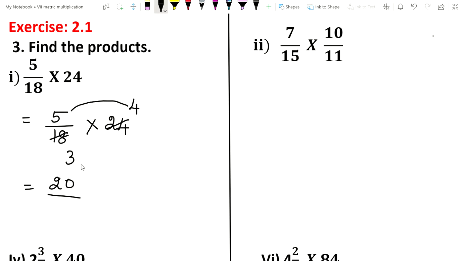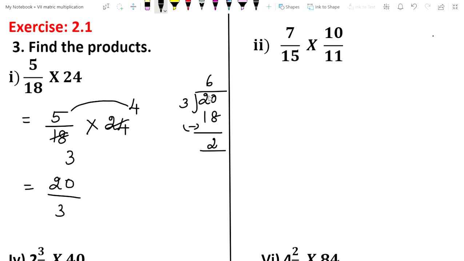20 by denominators, what is that? 3. Okay. Now you convert this answer into mixed fraction. So you want to divide. 6 3s are 18. Now you subtract. 20 minus 18 you get 2. Or else the 0 is there. 0 minus 8 we can't subtract. So you borrow here. You cancel this, borrow 10. It becomes 10. 10 minus 8 is 2.